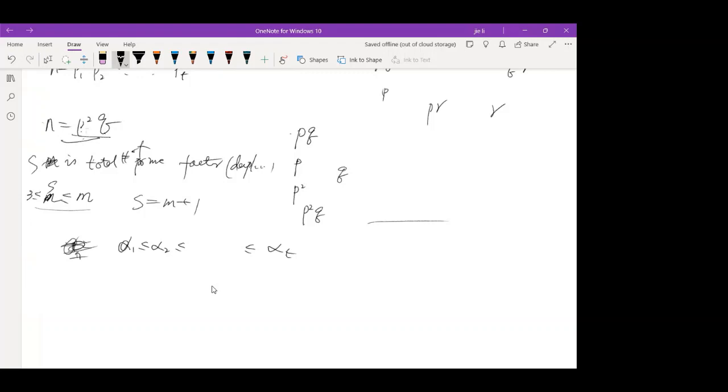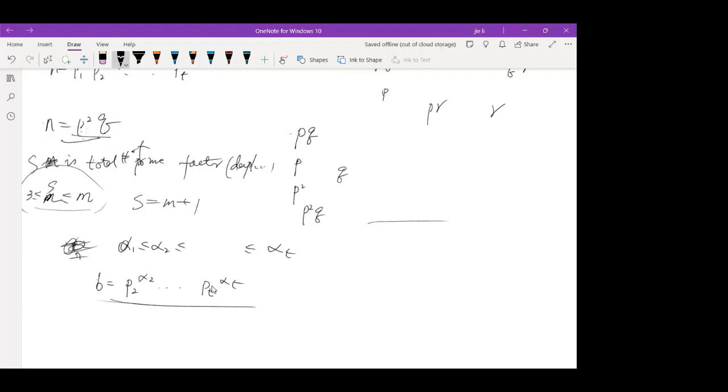And then B equals the second prime factor, alpha 2, p to the alpha t. For this one, that clearly falls in our induction step, so this part can be done.